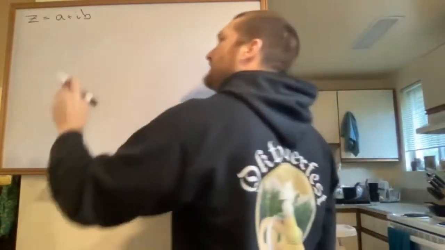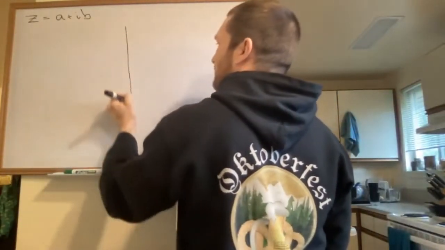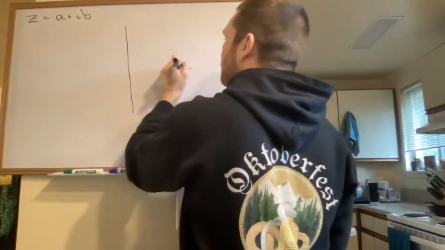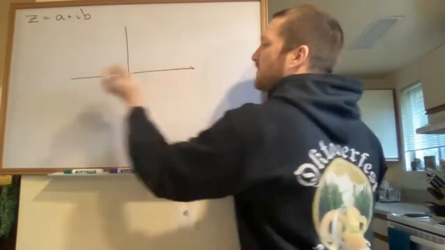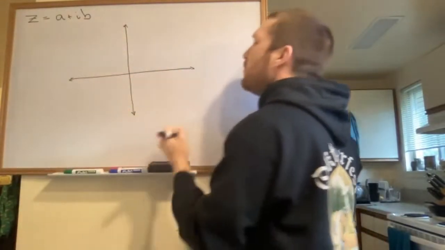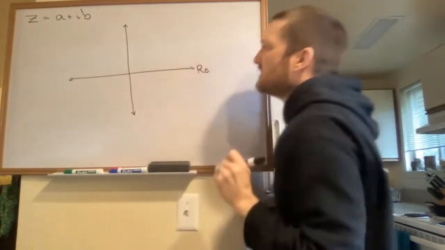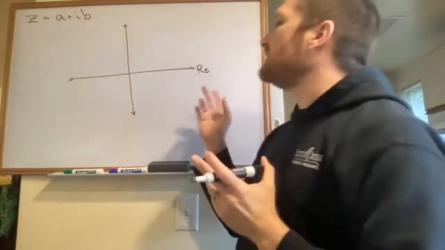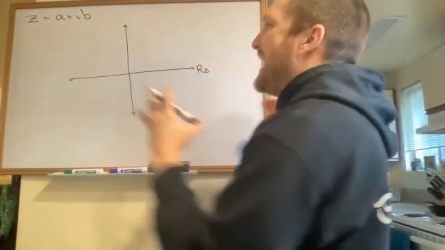And what mathematicians figured out is that you can consider these 2 components in the following way. We could say, okay, since we have 2 components, we could think about these as 2 different dimensions or 2 different axes.